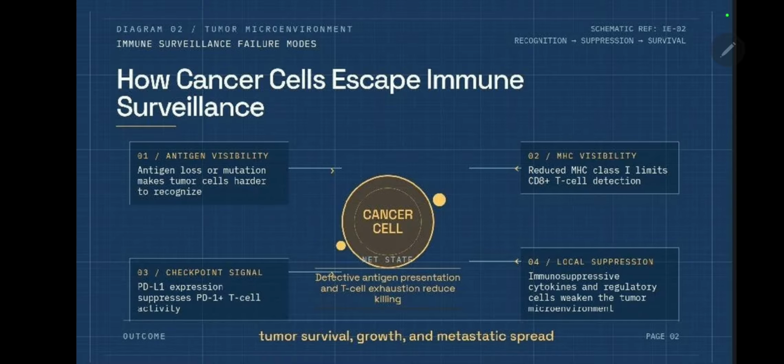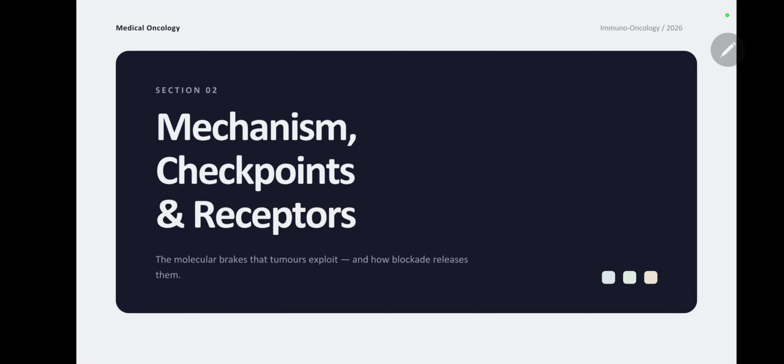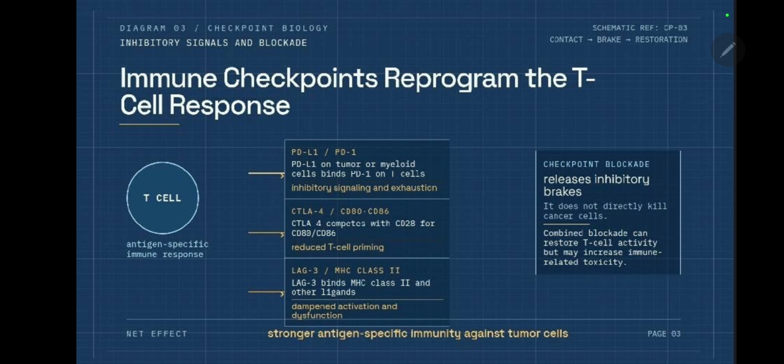So what is our target? Our target is to avoid this type of mechanism or situation. So what are the mechanisms of the checkpoint and the other receptors? Immune checkpoints reprogram the T cell response, and how does it happen? When we use a PD-L1 or PD-1 receptor antagonist, the inhibitory signal is removed and the T cell becomes functional.